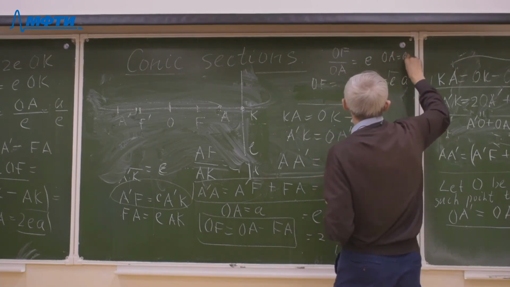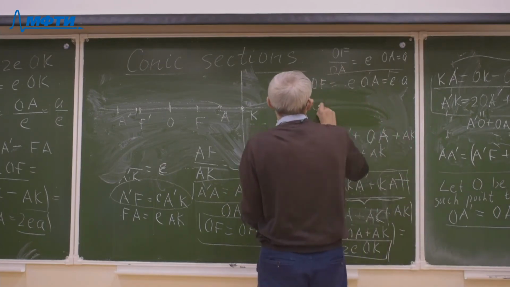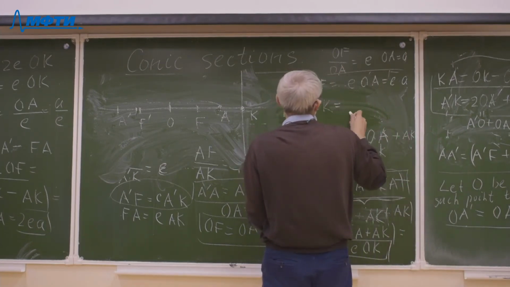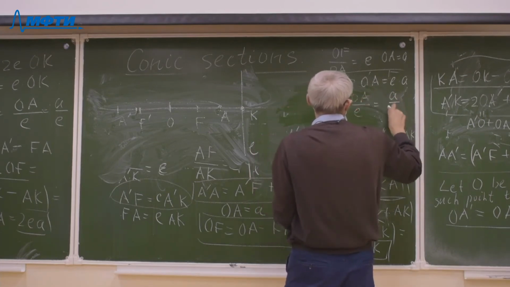OA is equal to a. And OK is equal to OA, the ratio OA to e. The ratio a to e.